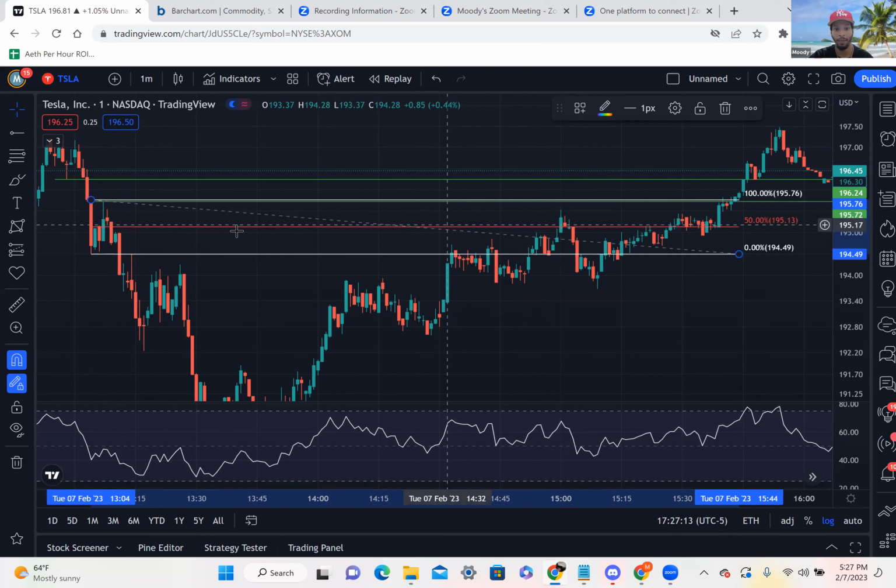This line is resistance, support, resistance, claim resistance, claim support, resistance, same thing, right? So as we see that, this resistance reclaimed as support, testing the next resistance, coming back down to test this support, break support, right? This time it rejects it for a little bit, but this is the 1 minute chart.